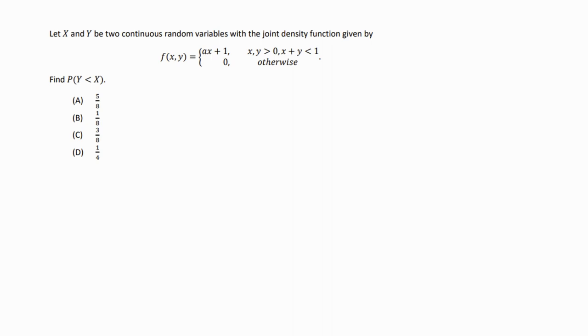So next question what we have is that ax plus 1, x comma y greater than 0 and x plus y is less than 1. So this is the region we have where this function is defined basically. Okay. So now what we know is that x plus y less than 1.